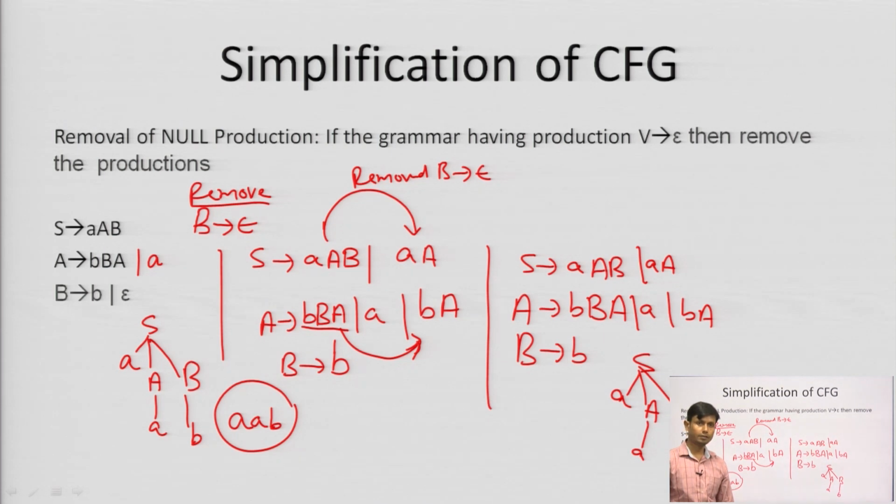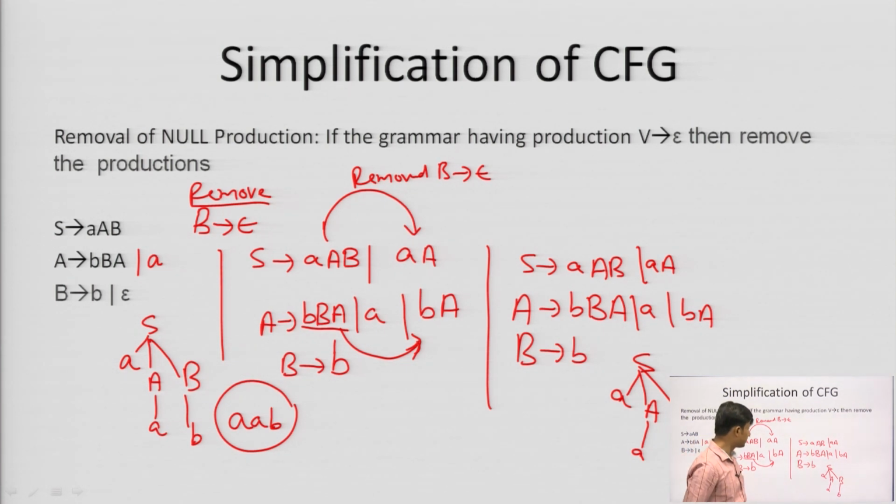So, whatever strings were generated previously, after that also all strings are there. Whatever strings are generated by the previous grammar including epsilon, after removing epsilon the same strings are also generated by the grammar. So, this is the process to remove the null productions.